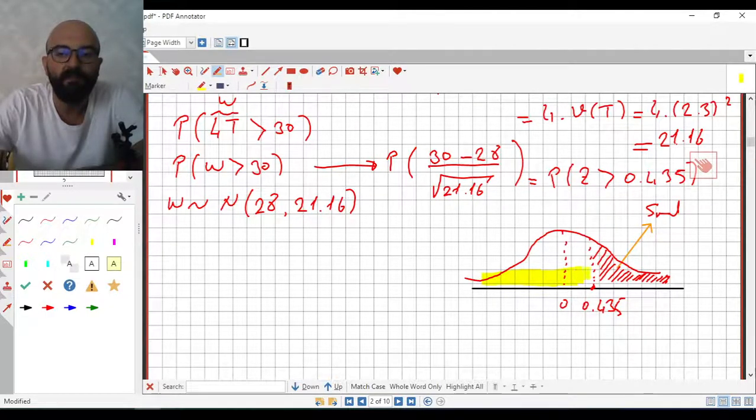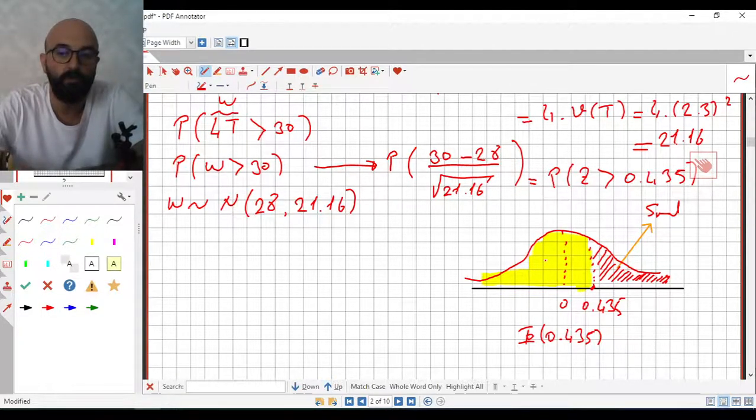When you look at the Z table and find phi of 0.435, you find the big area value, but you want the small area. So for the small area, you should make 1 minus phi of 0.435.